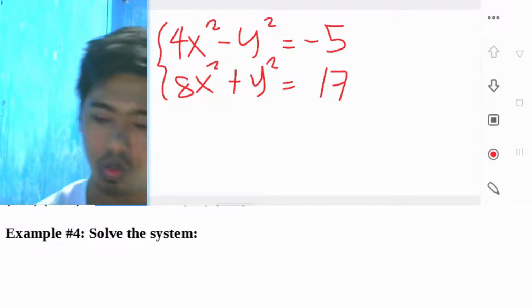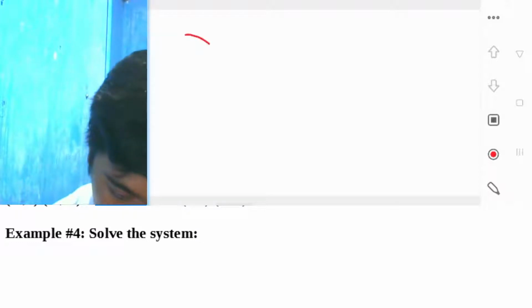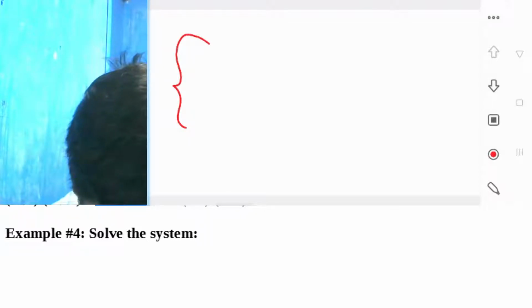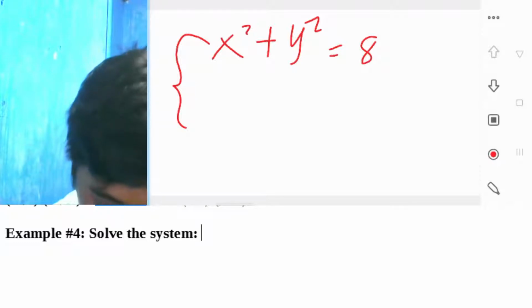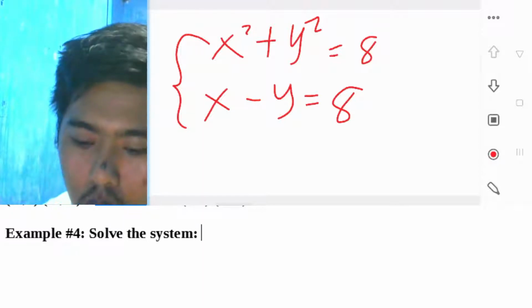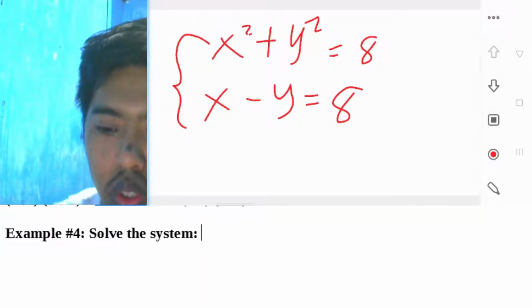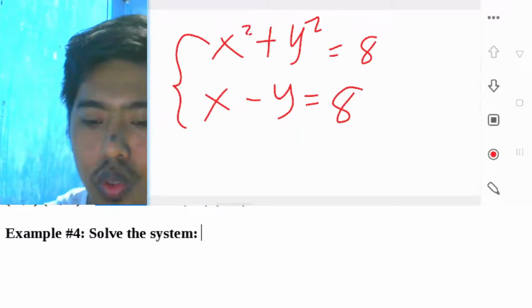So let's have the system: x squared plus y squared equal to 8, then x minus y equal to 8. The first equation is squared, while the second equation is not.